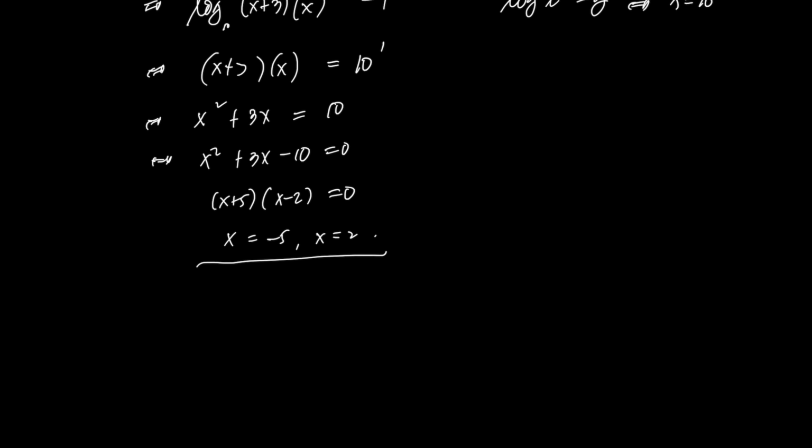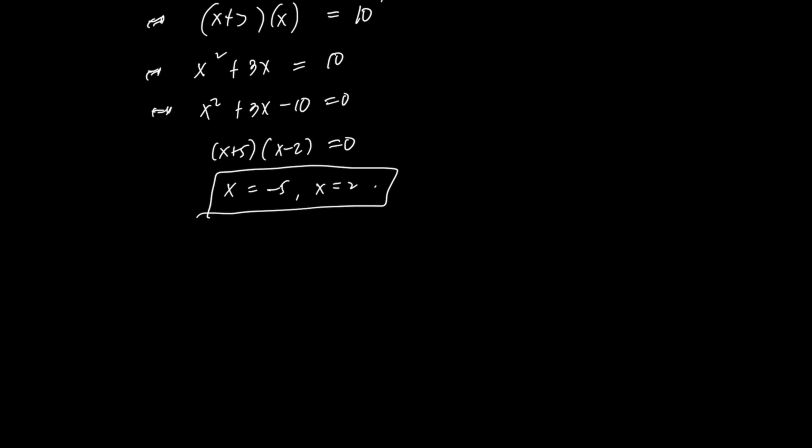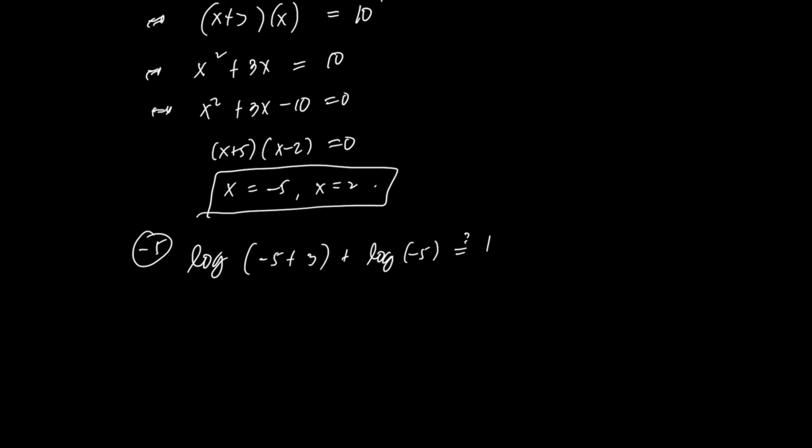But before we conclude that these are the solutions, let's substitute first to our original problem. So for negative 5, we have log of (negative 5 plus 3) plus log of negative 5, is it equal to 1?